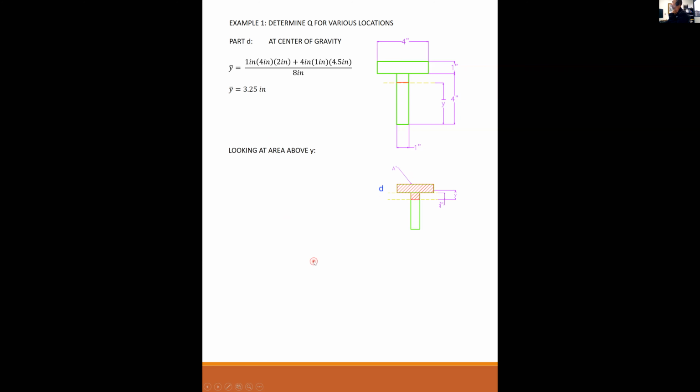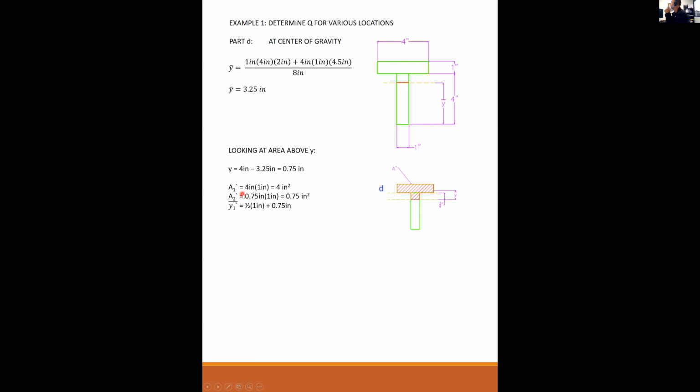Looking at it from above, I'm still finding that this little segment right here is 3/4 inch. A prime, now I got 2 pieces, so I labeled them A prime 1 and A prime 2. A prime 1 is the top plate, which is 4 times 1, 4 inches squared. A prime 2 is this little segment right in here, which is 1 inch wide and 3/4 inch high, and 3/4 times 1 is 0.75 inches squared.